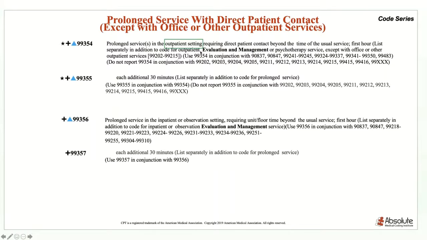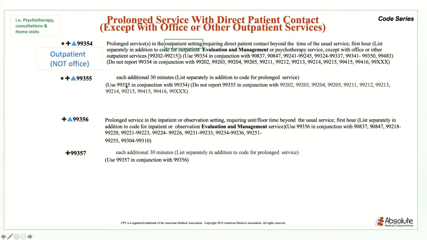And you might say, what do you mean, what else is outpatient? Well, you have psychotherapy, consultations, and home visits. Those are examples. And then 99355 is your add-on code for each additional 30 minutes.